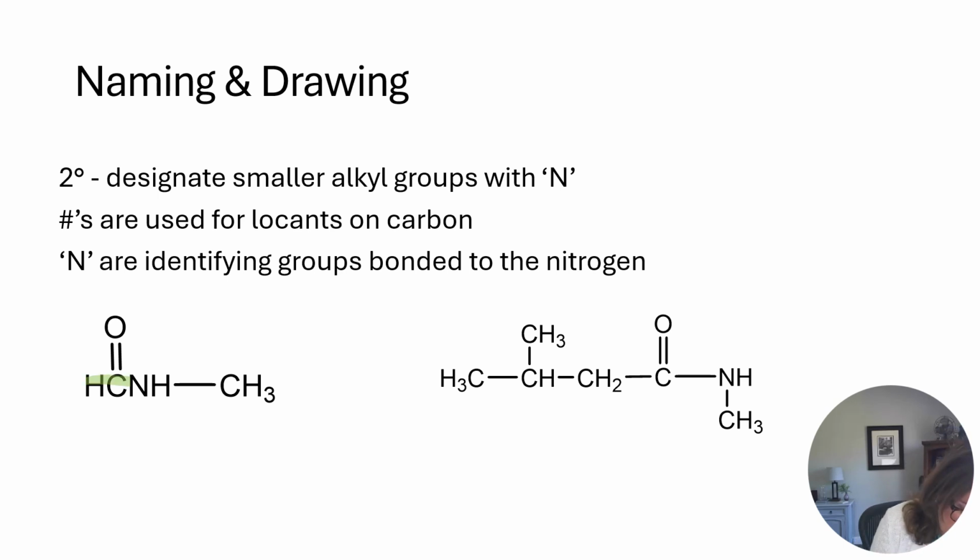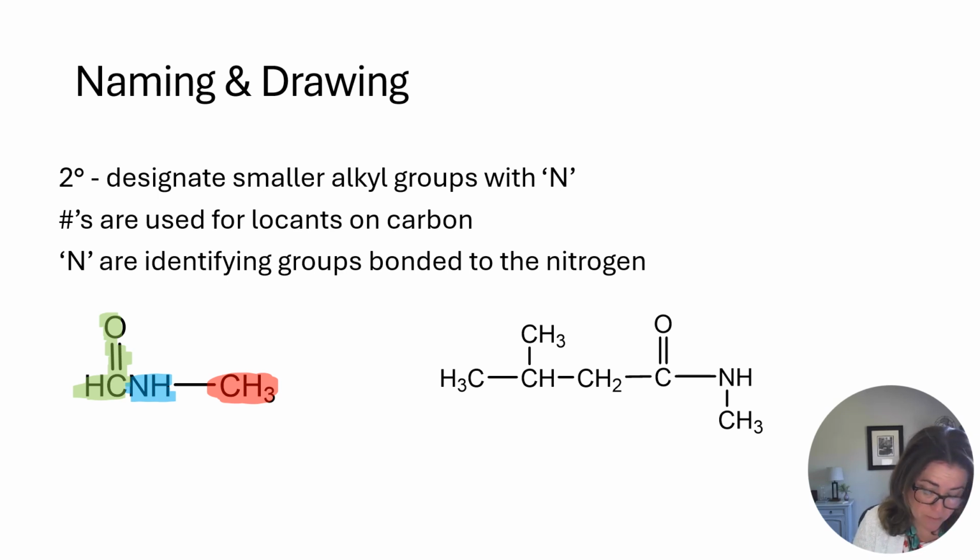I have my carbon with my carbonyl, and then, let's do blue, I have my amine, and I do have a methyl group on that amine. Let's go ahead and start naming this.